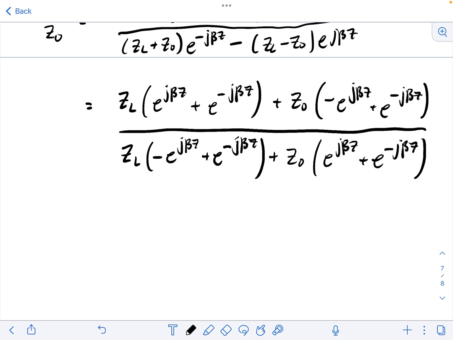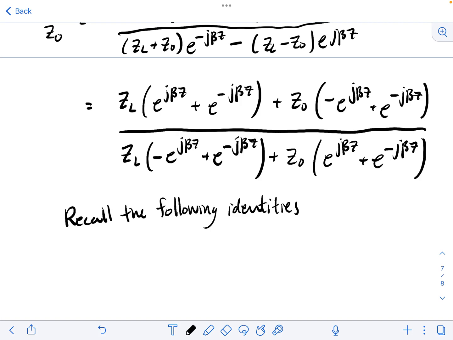Recall the following identities. We had Euler's equation for writing a complex exponential in terms of cosine plus j sine.